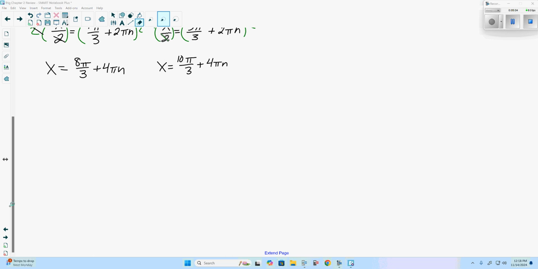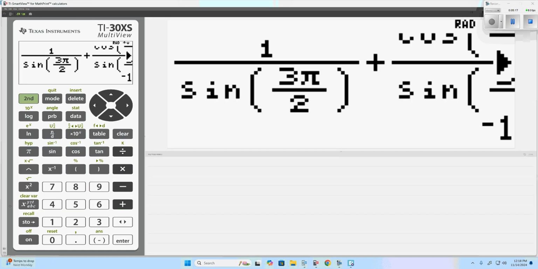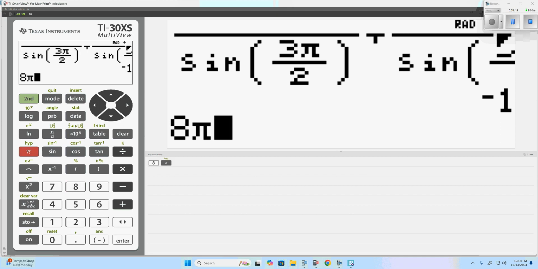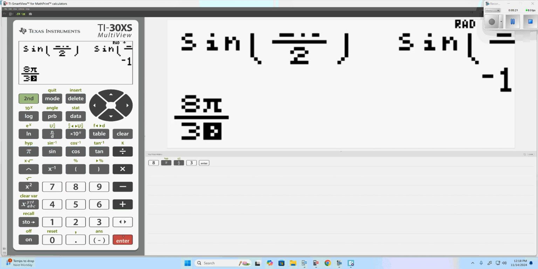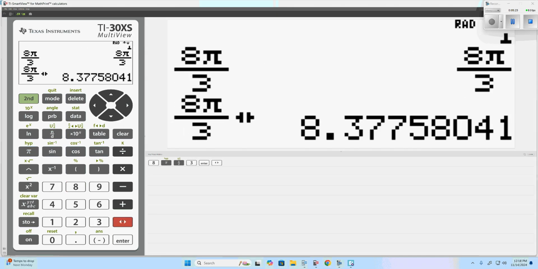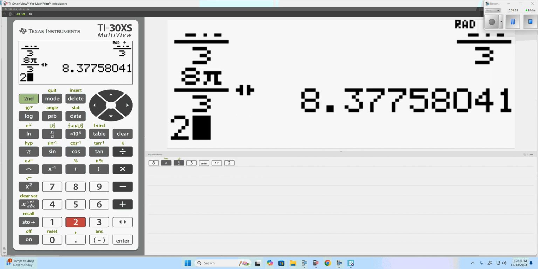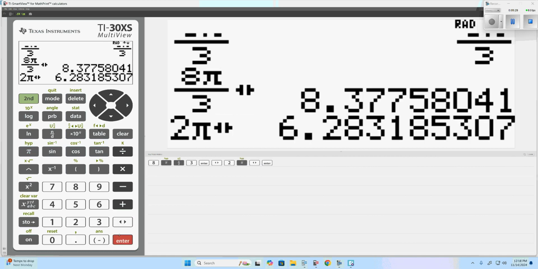Because 8 pi over 3, 10 pi over 3 are actually a little too big. 8 pi over 3 is approximately 8.23, and we want it between 0 and 2 pi. Well, 2 pi is about 6. So we've actually gone outside the range. We'll actually have to come back.